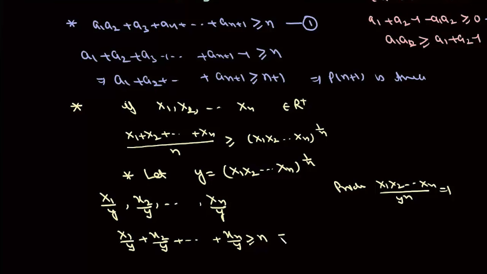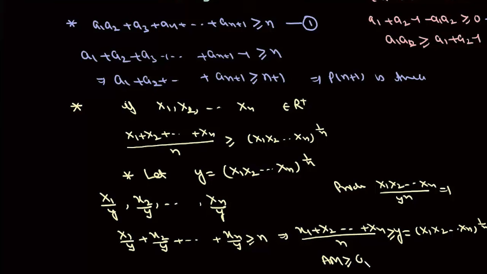Now we can rearrange this as x1 plus x2 up to xn whole divided by n will be greater than or equal to y, and y is nothing but their geometric mean, which is x1, x2, xn to the power 1 by n. So from here we can say arithmetic mean will always be greater than or equal to geometric mean. Now we haven't proved the equality case.